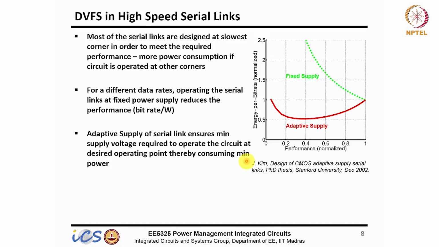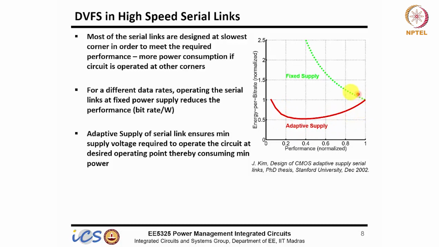You can apply the same concept in high-speed serial links also, which are your CDRs, PLLs, clock drivers, IOs, everything. This is the energy per bit, and the bit rate defines the performance. Now you can see here adaptive supply.